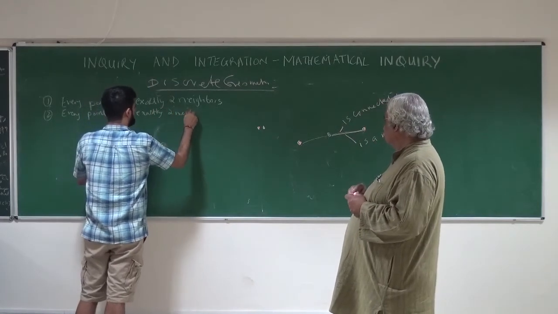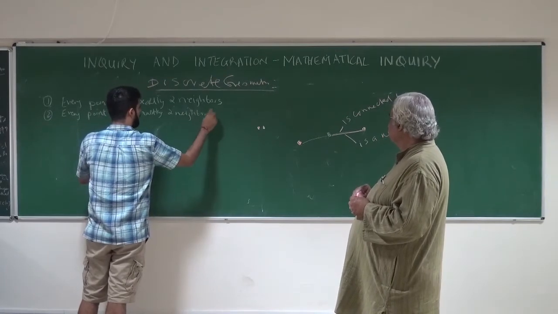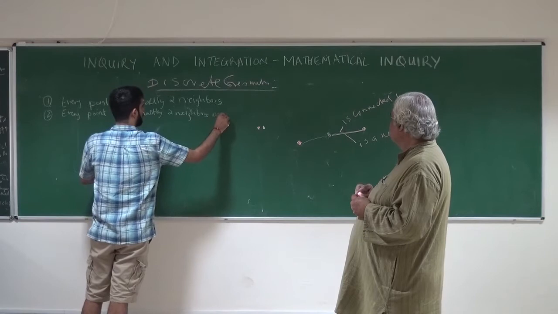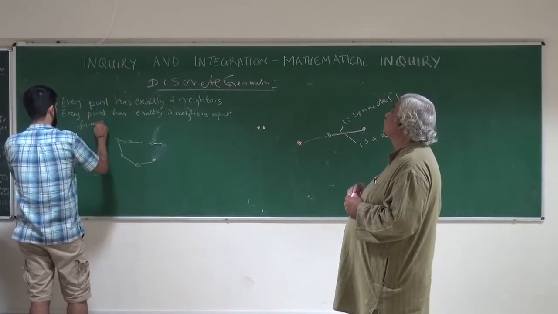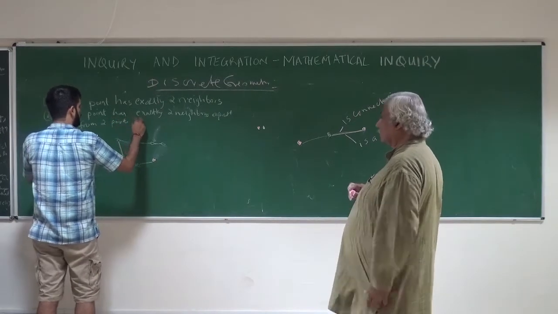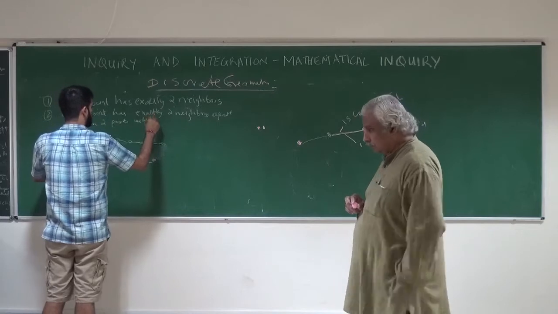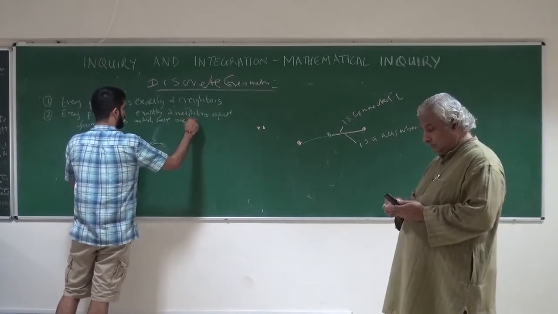Every point has two neighbors, apart from two points which have one neighbor.